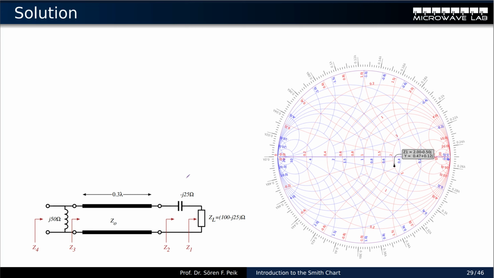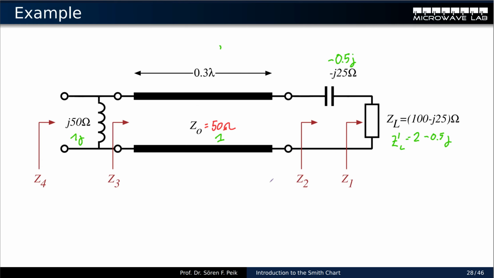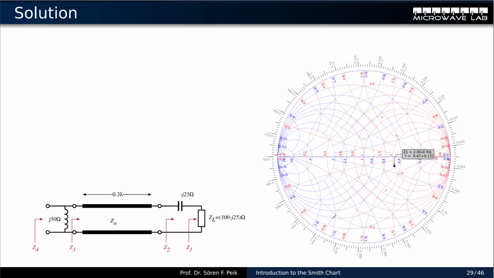Now, how do you find Z4, the input impedance? Well, we go step by step, coming from the right. First, we mark our point Z1, or ZL, in the Smith chart, which, as I normalized it on the page before, is 2 minus 0.5j.